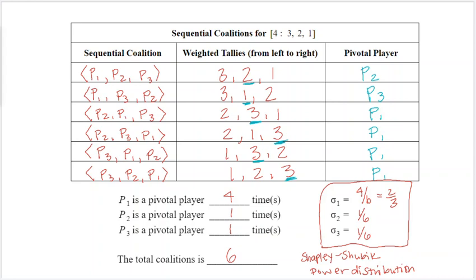Now, we did this same example when we did Banzhaf in the previous video. So Banzhaf, the power distribution was 3/5, 1/5, 1/5.